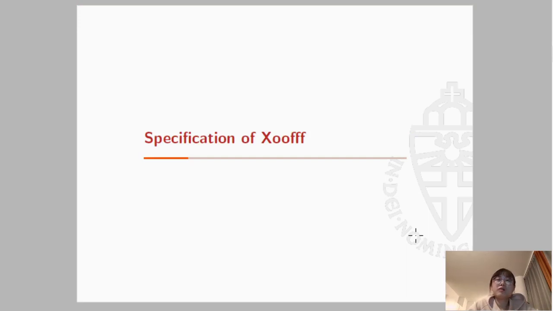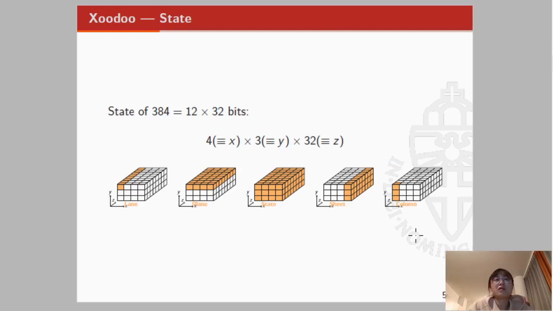Before introducing our attacks, let's see the specification of Xoofff. The permutation used in Xoofff is Xoodoo, and its state has 384 bits, and it is three-dimensional.